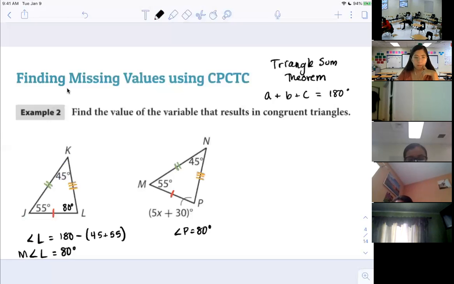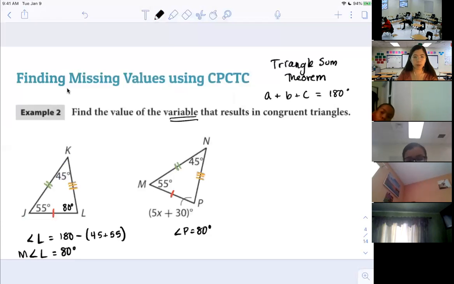So what should I write down for my equation? Right, it is 80, but we're trying to find the value of the variable. So I know that angle P is 80, but I don't know the value of x yet.